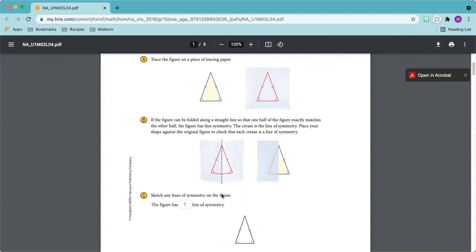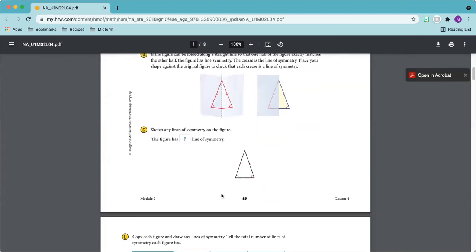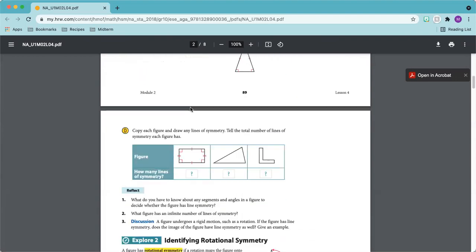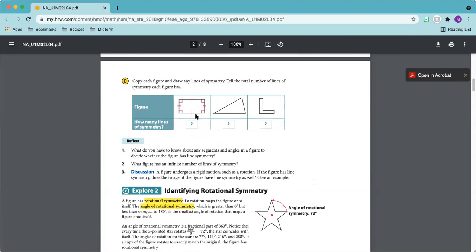It is symmetrical. It would have one line of symmetry, right? So the line of symmetry is pretty much the part where you cut it so that you can get the even halves. So for example, in this first figure, you can have 1, 2, and probably 3 and 4 lines, right? If you cut it diagonally.